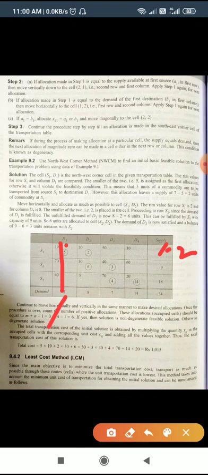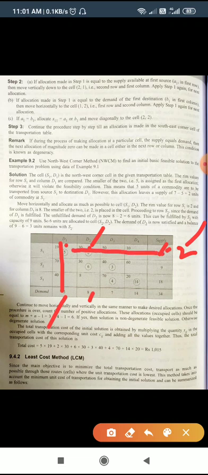Now in the left matrix, in this remaining matrix, we again see the northwest corner. Now we assign the maximum units to transport after looking at the demand and supply. Here demand is 8 and supply is 2, so we give 2 units to transportation, and after that this row is satisfied.